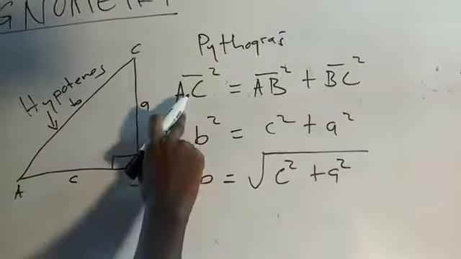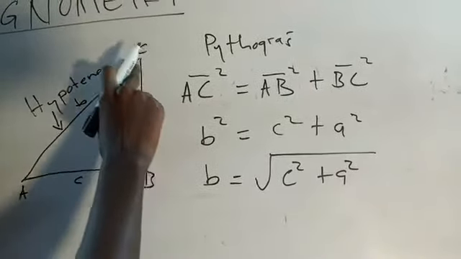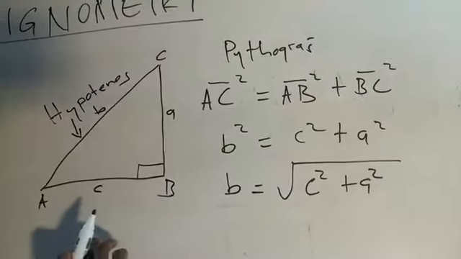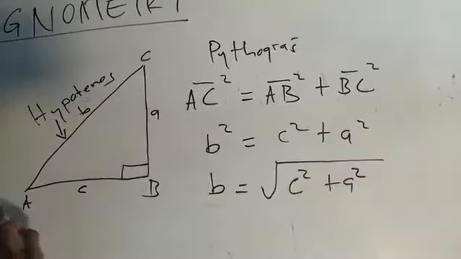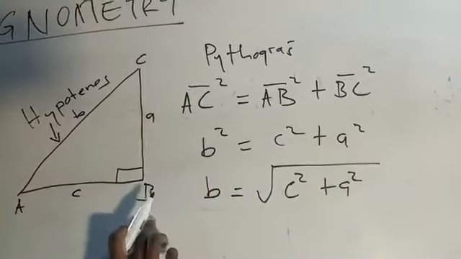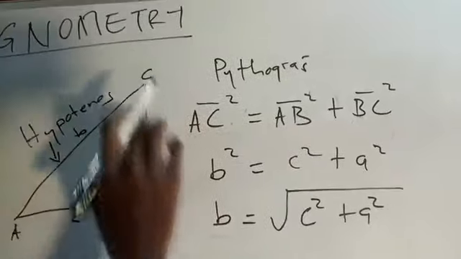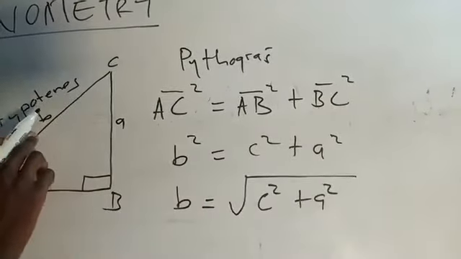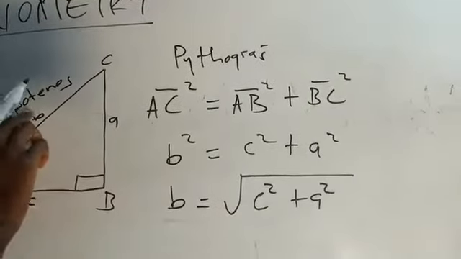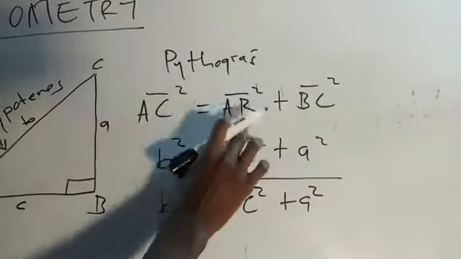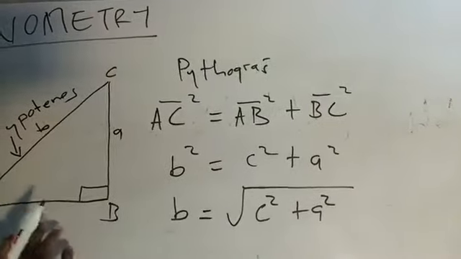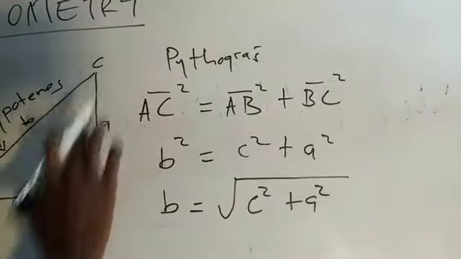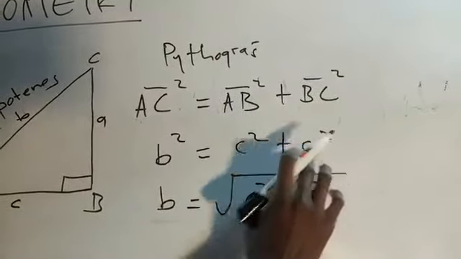So this side AC squared will be equaling to the sum of squares AB squared plus BC squared. So AC is this side which is B, and AB is the side which is C, and BC is the side which is A squared.